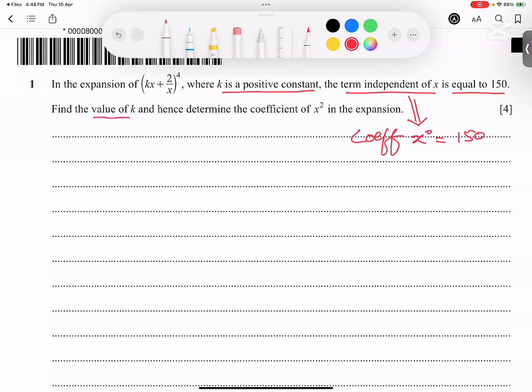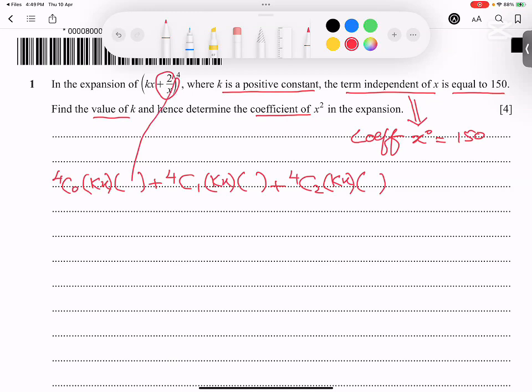And second number we will go for coefficient of x squared. So 4C0, 4C1, 4C2. In the first bracket we put kx, and in the second bracket we put 2 over x.